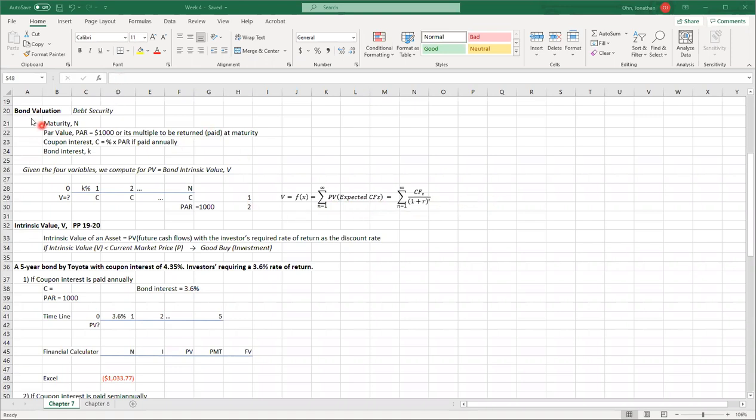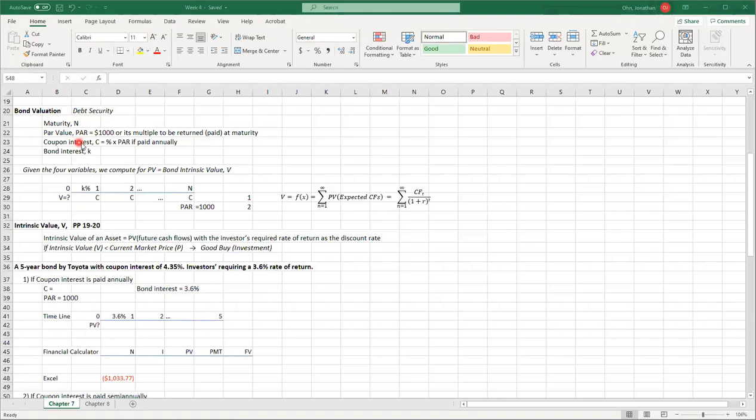Okay. Now bonds, as you see, are the company, the corporations or governments' obligation. So it is called a debt security. Typically maturity is in years. Par value is $1,000 at maturity.